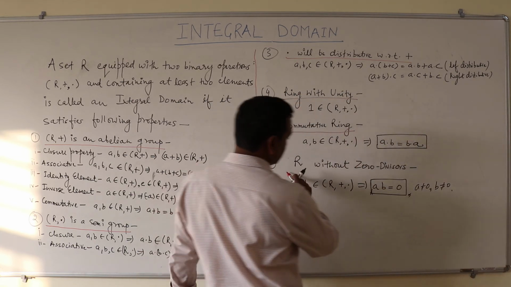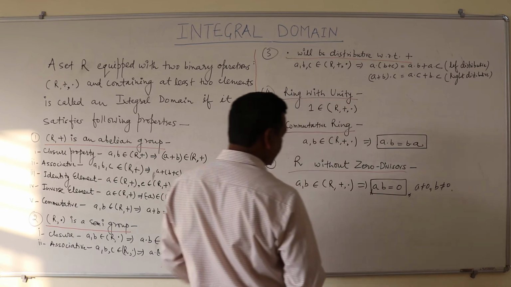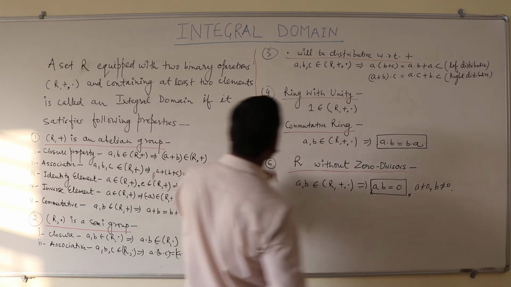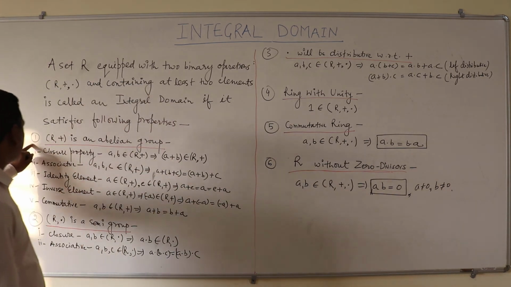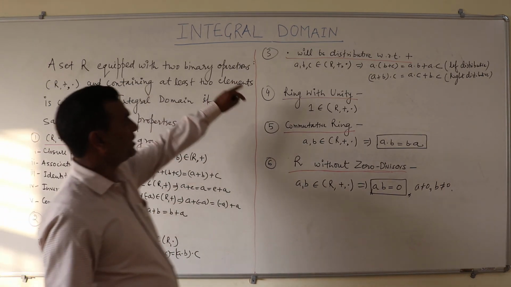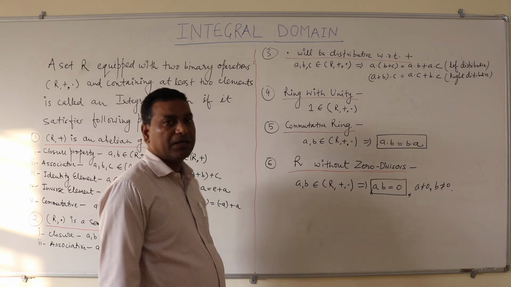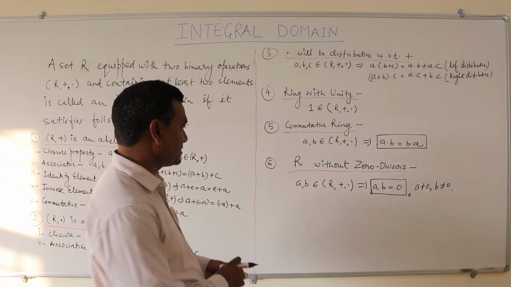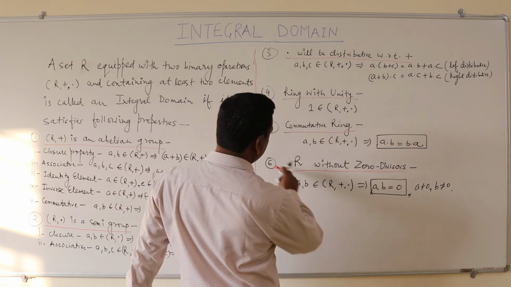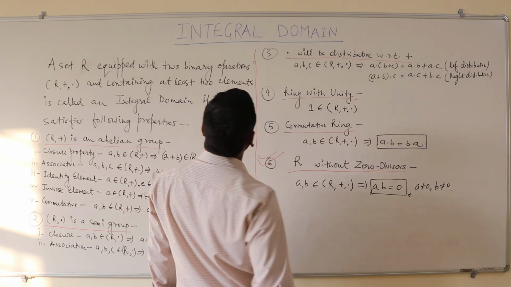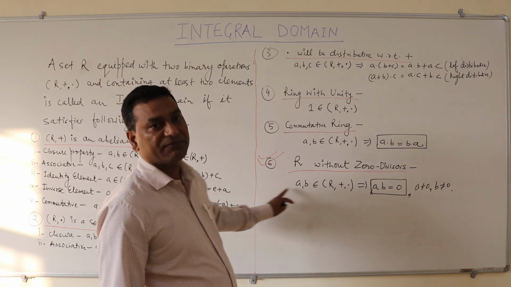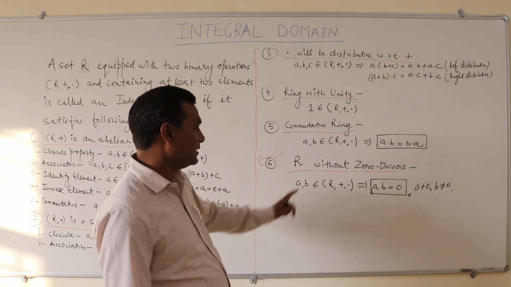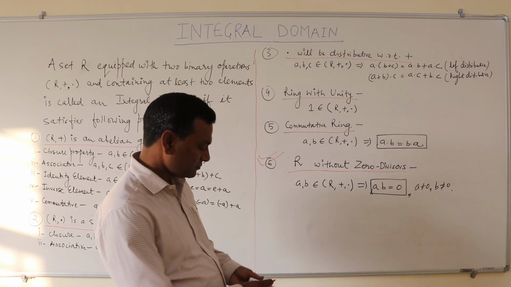So this is the sixth property, or we can say this is the only important property, because these five properties, 1, 2, 3, 4 and 5, up to the fifth property we have already seen in the ring. But this is a property of the ring with zero divisor property, means zero divisor will not be there in that particular set.